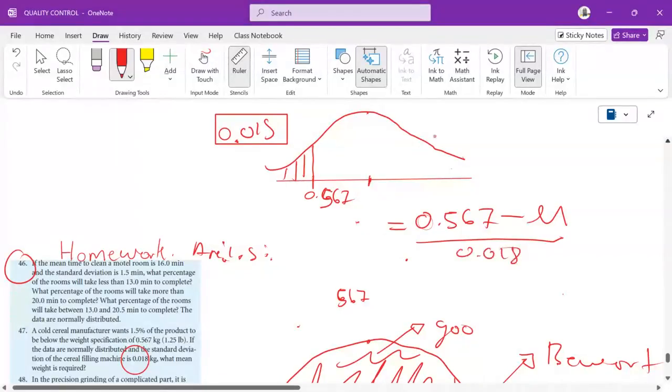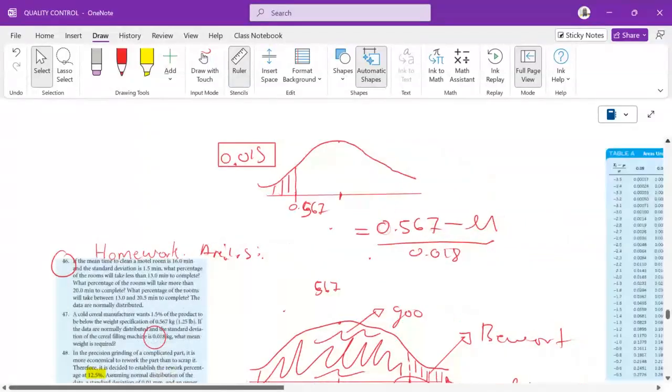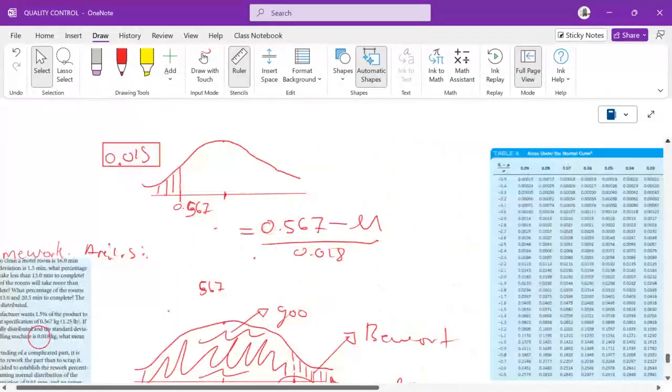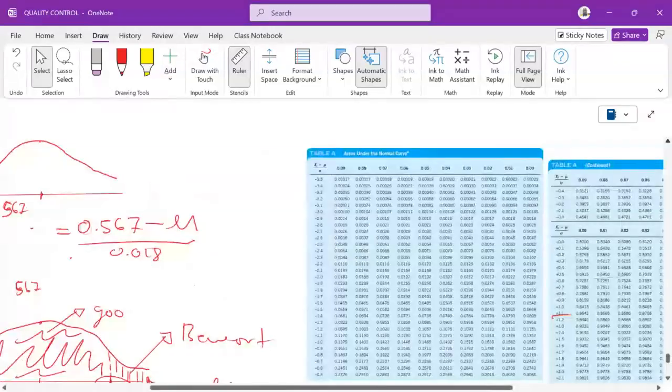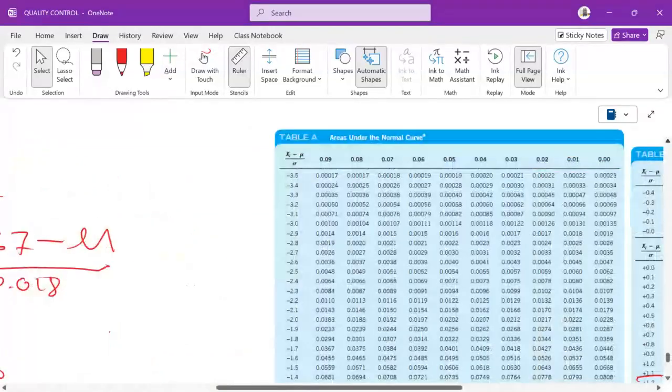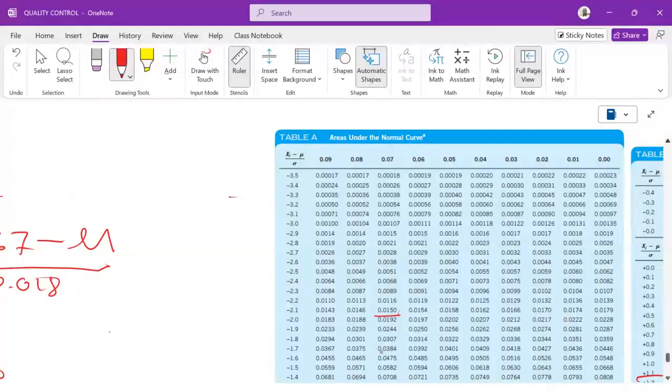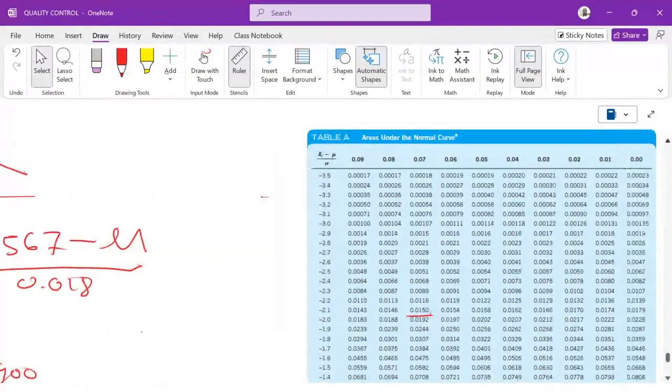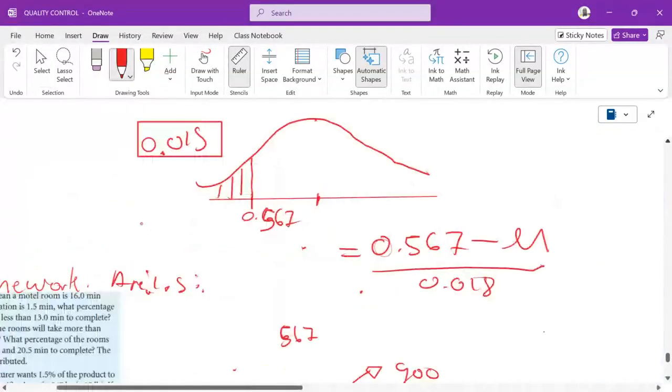So we go to our table. We are looking for 0.015. It's on the negative side because it's a small number. You see here, there's your value, 0.015, and then we have a 7 there, and we have a 2.1 here. So negative 2.17.